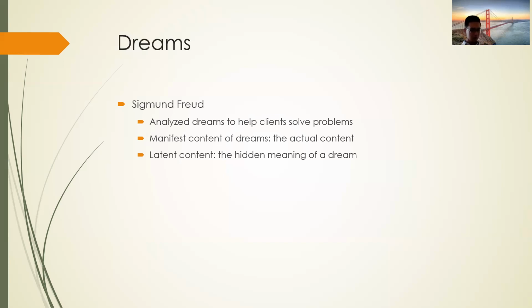Sometimes when people grow up, they have a lot of experiences that gradually turn into problems. So the brain tries to suppress those experiences and memories. That part goes to the unconsciousness.